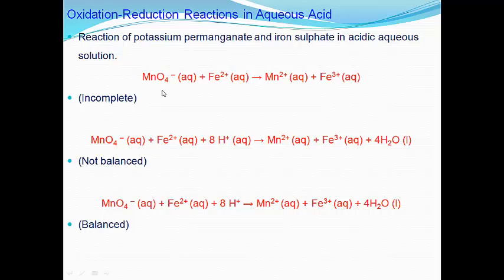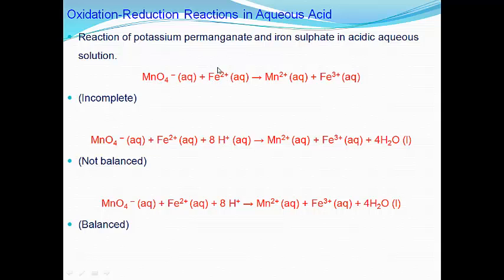Here we have potassium permanganate, where we are just showing the permanganate anion. Here the oxidation number of the manganese is +7 because we have an ion of minus 1 charge, and we know that oxygen has a 2- charge, and therefore 4 times minus 2 is minus 8, and therefore the overall value of the manganese is +7.